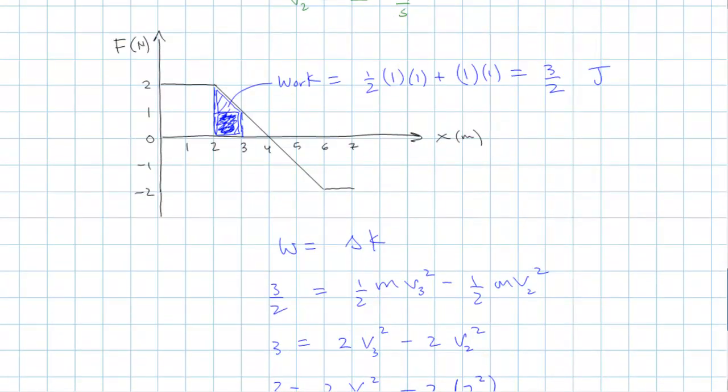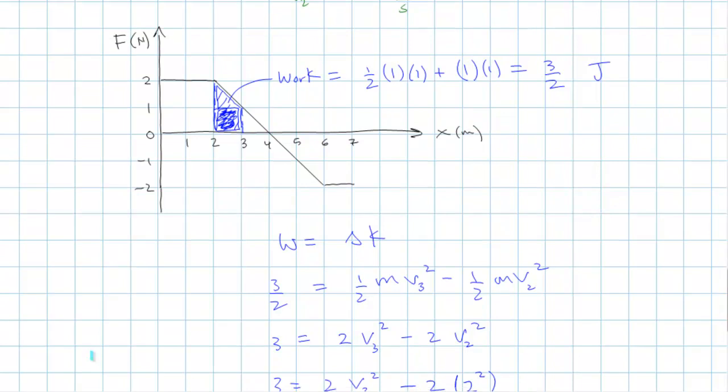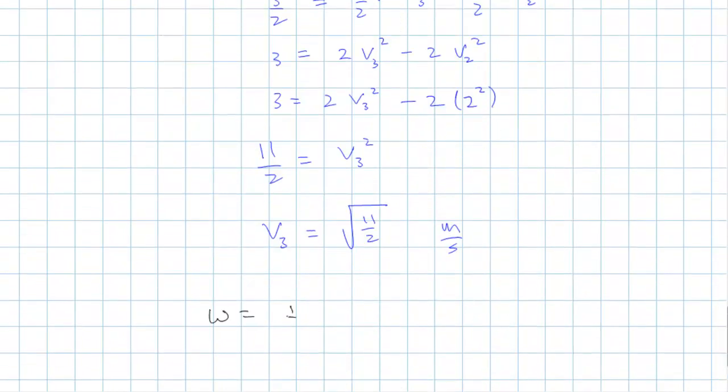Okay, now see if you can go on and get the velocity at 4. The work is going to be 1/2 of a joule for that section between 3 and 4.